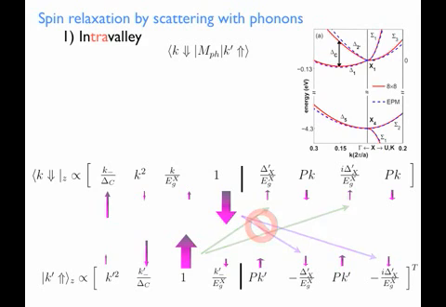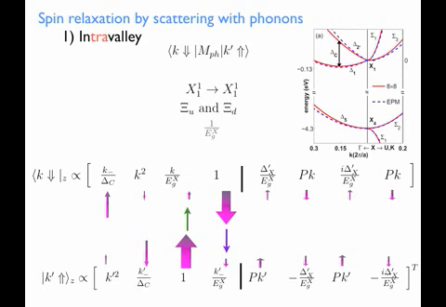On the other hand, the coupling to the conduction band itself is possible via dilation and shear deformation potential, and the matrix element scales as 1 over Eg, which is the direct band gap.